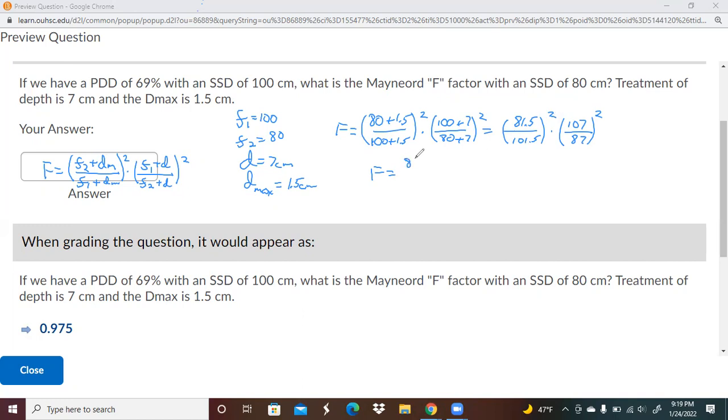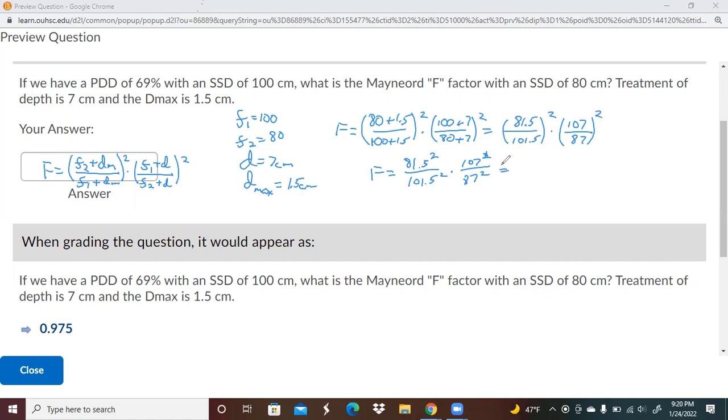Or another method that you can do is to take that squared over this squared times this squared over this squared. And the reason this method kind of appeals to me is you can type it in on any basic calculator, you can come up with what it is.